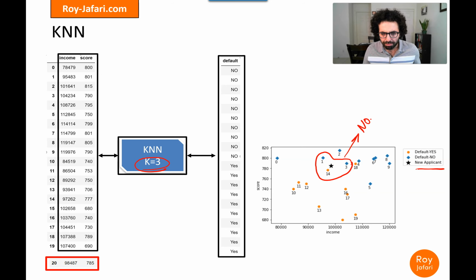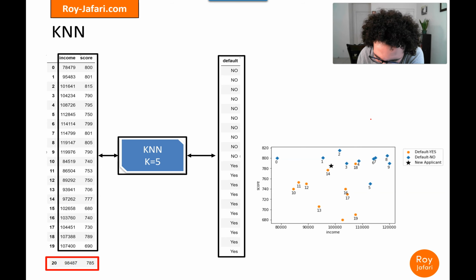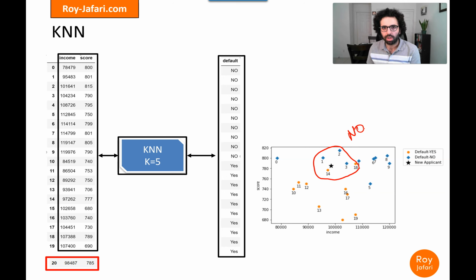Before moving on from KNN, let's also do KNN when k is 5. When k is 5, you have to find 5 data objects that are closest to the new data object. These 5 are the closest ones. Again, we have 3 no and 2 yes, so again we would predict no.